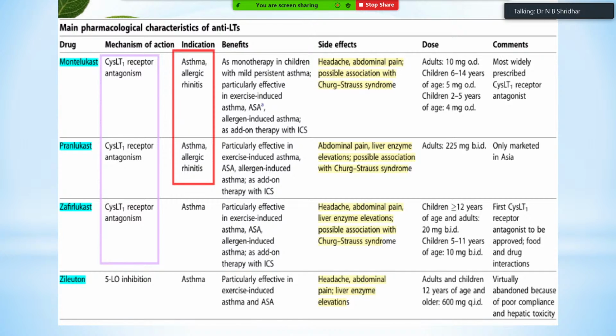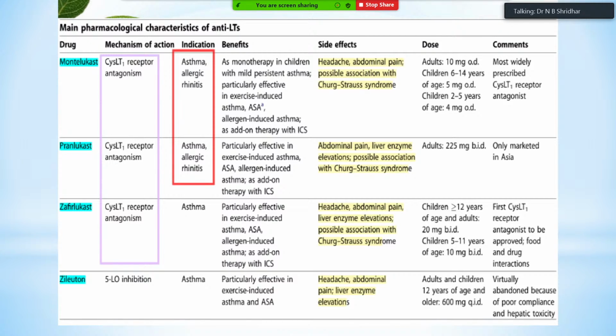So varieties of asthma can be treated with Montelukast sodium. The side effects of this drug are headache and sometimes abdominal pain, and possible association with Churg-Strauss syndrome. The dose is 10 milligram once a day, and it's the most widely prescribed cysteinyl LT1 receptor antagonist, especially leukotriene antagonist.